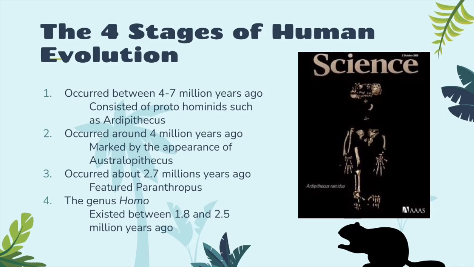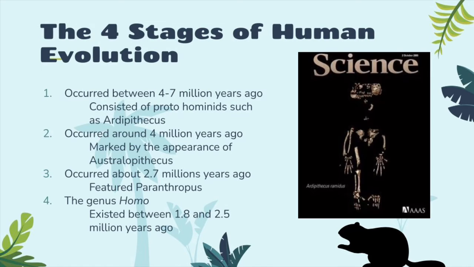The next stage of human evolution occurred around 4 million years ago and is marked by the appearance of Australopithecus. As characterized by fossil evidence, members of Australopithecus bore a combination of human-like and ape-like traits.